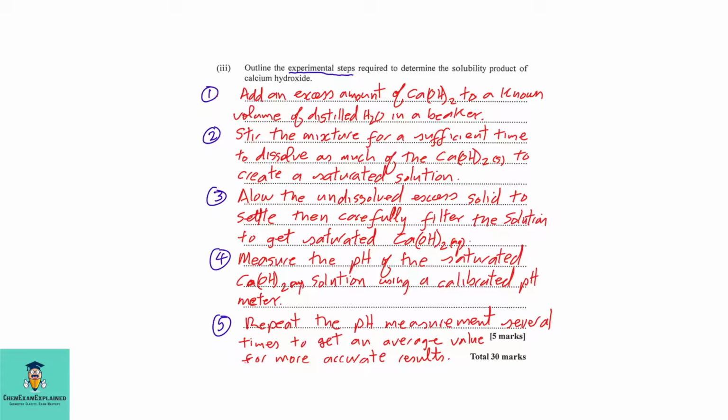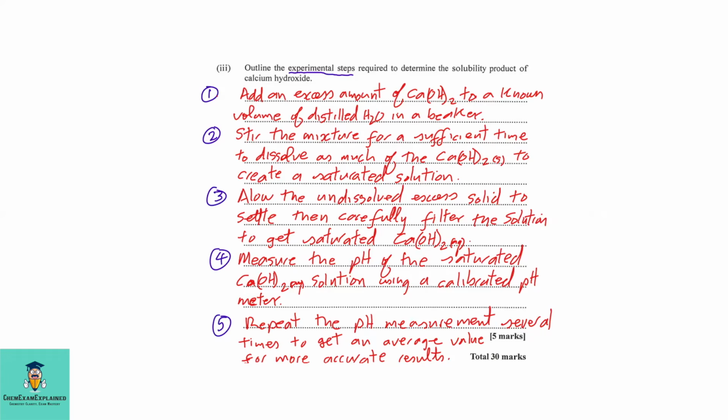And we're going to use pH plus pOH equals 14 to find the OH minus concentration present in our calcium hydroxide. The next way is to carry out a titration using a standard solution of HCl. And then we're going to use that to calculate the OH minus concentration. And then we can use that to calculate our solubility product.